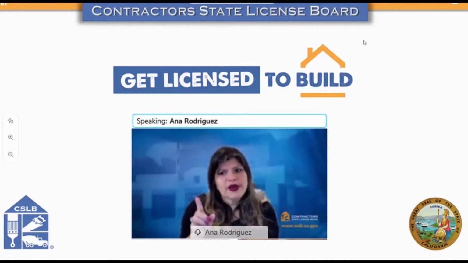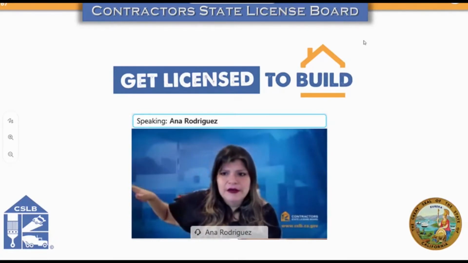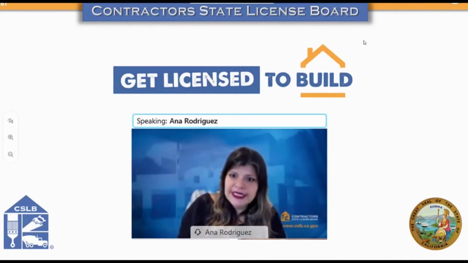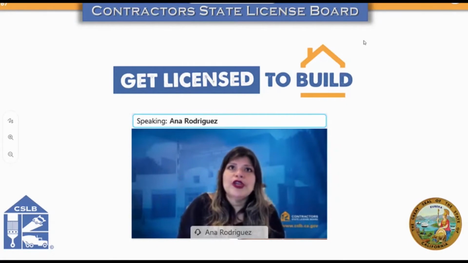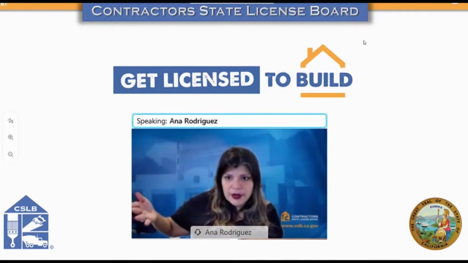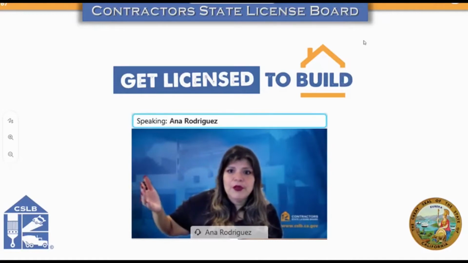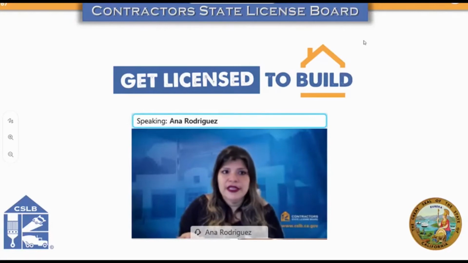If you want a completely different license, where you'd be an RMO on a different license, you would need to submit the exam. If your current license is in the same classification as the one you're applying for, then you can see if you qualify for the waiver. But yes, that's what we would need. It's the same exact process that we discussed today.